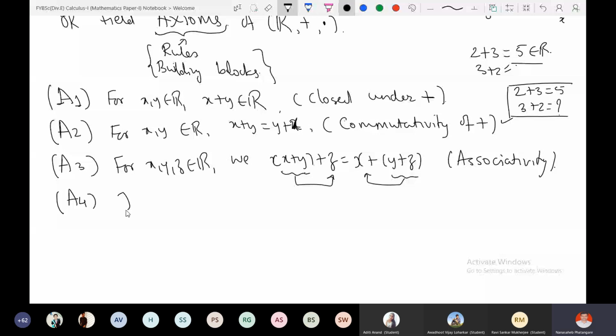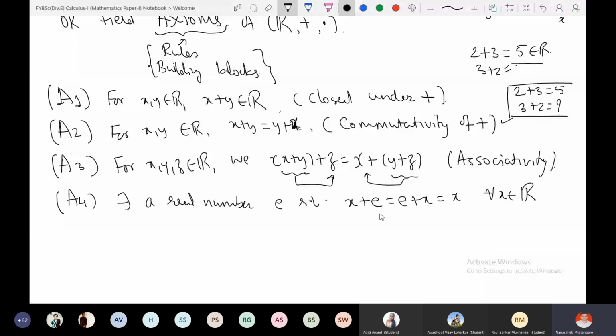So there exists a real number, a very special real number. Let us call it E, such that x plus E is equal to E plus x is equal to x for every real number x in R. Right? Does there exist a real number which added with every real number gives the same number x?